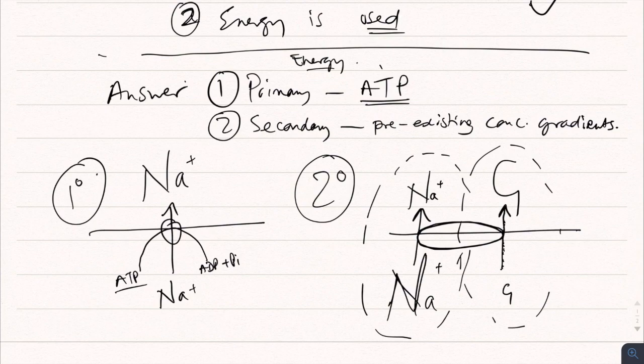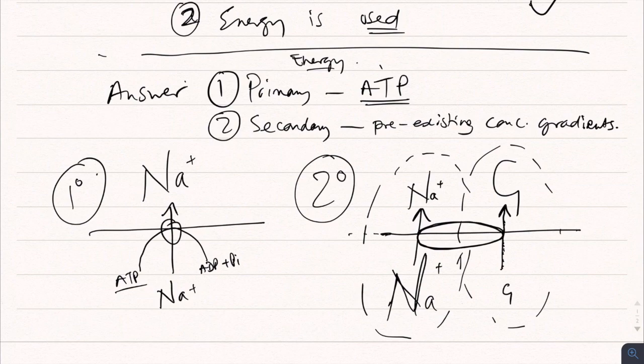Okay, so this is a secondary active transport. Why is it called secondary active transport? Because ATP must have been used to get sodium in this unbalanced situation.